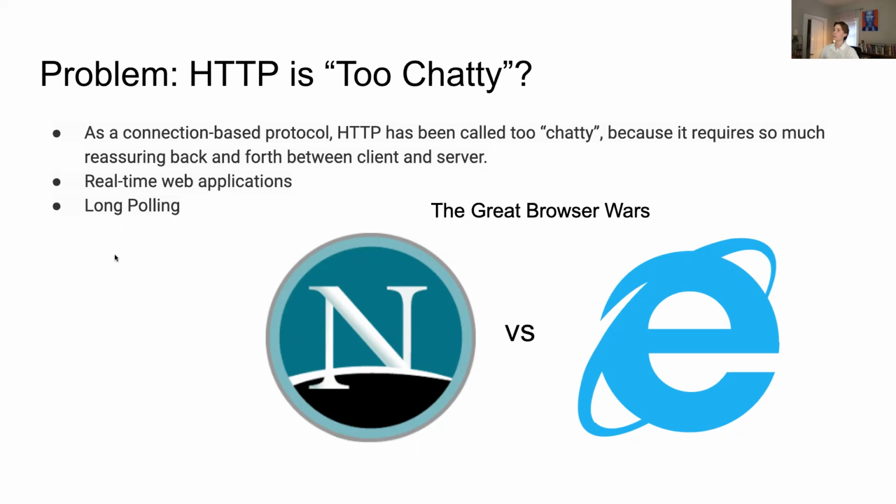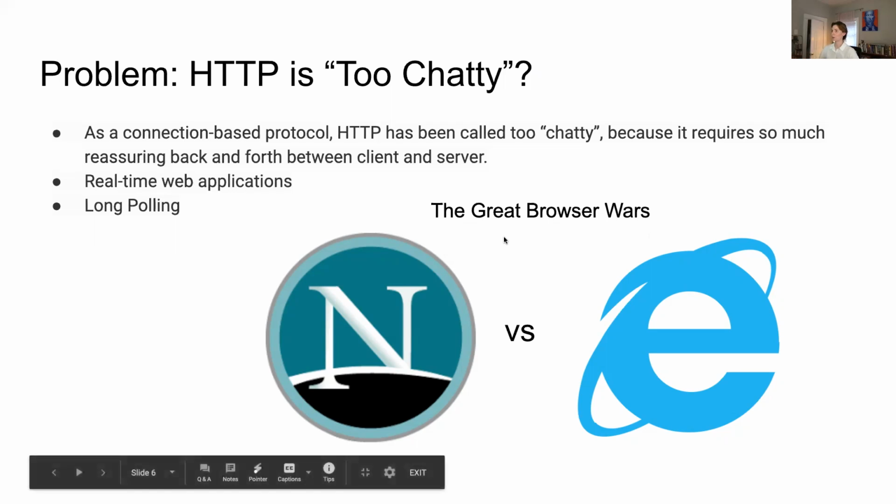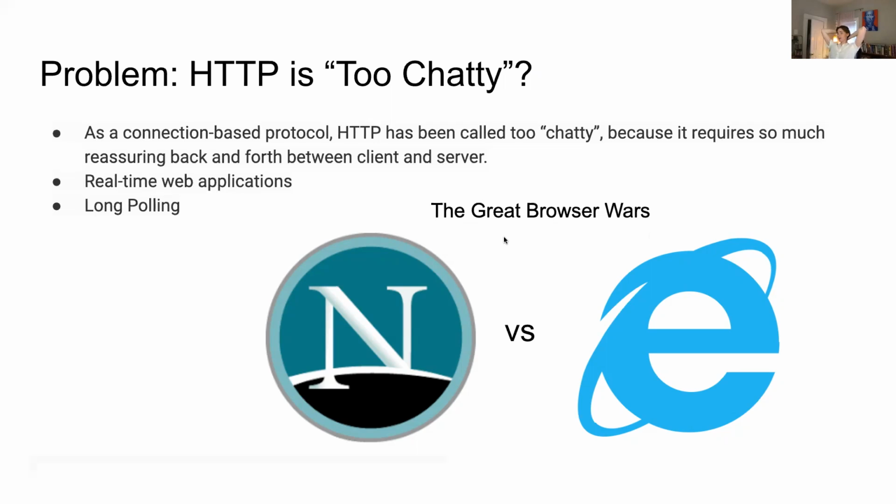This is also the time of the great browser wars, which I was very interested in, which kind of factored into this real-time problem because the browser is based on TCP. So a lot of what you could do was limited by what the browser had. And my impression is Netscape and Explorer had a bunch of different things.